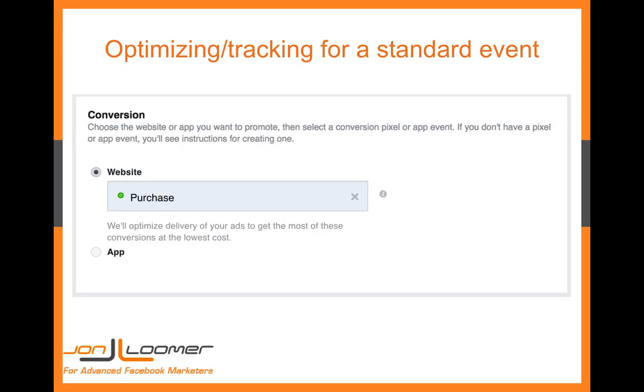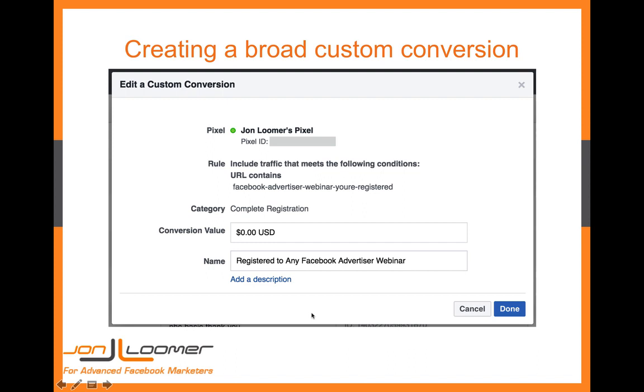But here's an example. Instead of optimizing for a very specific purchase, we can instead just select that purchase standard event that will aggregate all those purchases that have been made across my website. And that could give Facebook more volume to work with to better optimize. But also consider, you could use a custom conversion, but maybe there aren't a lot of conversions that have been executed on that specific custom conversion.